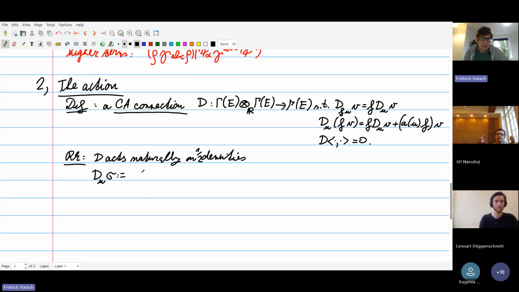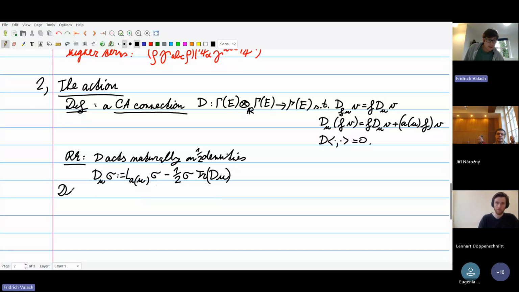This is defined simply by taking your u, mapping it to a vector field using the anchor map, and then taking a Lie derivative of the half density, Lie derivative in the usual sense of flows and diffeomorphisms, pullbacks. But then you have to compensate it with one half of sigma and then the trace of D of u. Okay, so that is just some formula. The important thing is that they have a natural action on half densities. In general, if you would have some lambda densities, then you would just replace the one half by lambda.